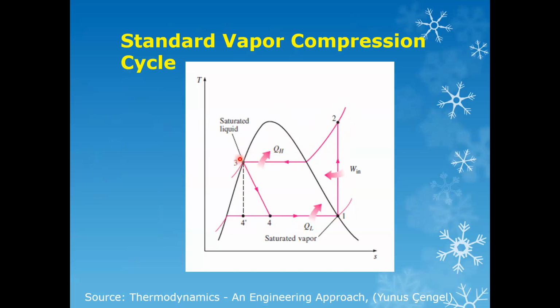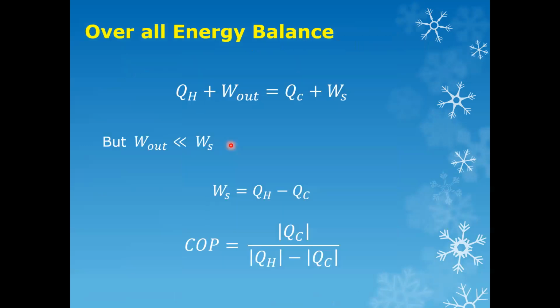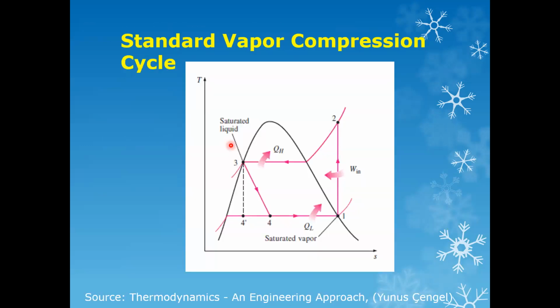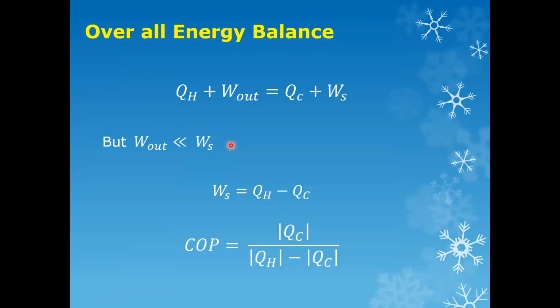And as for the expansion, we're inside the saturated curve, but that's all right. We're using an expansion engine. So this happens at constant pressure. All right. So that solved the impracticalities of a Carnot cycle.